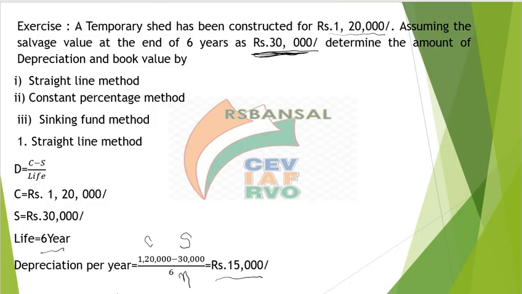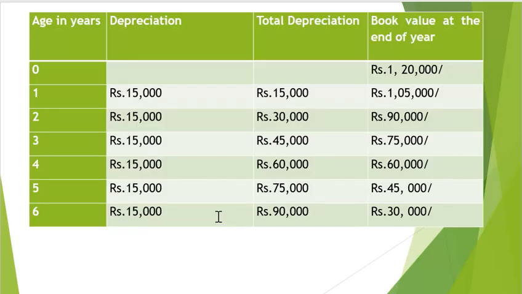So see how we will be calculating book value by this method. At the start, value is 1,20,000. At the end of the first year, depreciation will be 15,000, which we have already calculated. So total depreciation, or cumulative depreciation, is 15,000. So the book value will be 1,20,000 minus 15,000, 1,05,000.